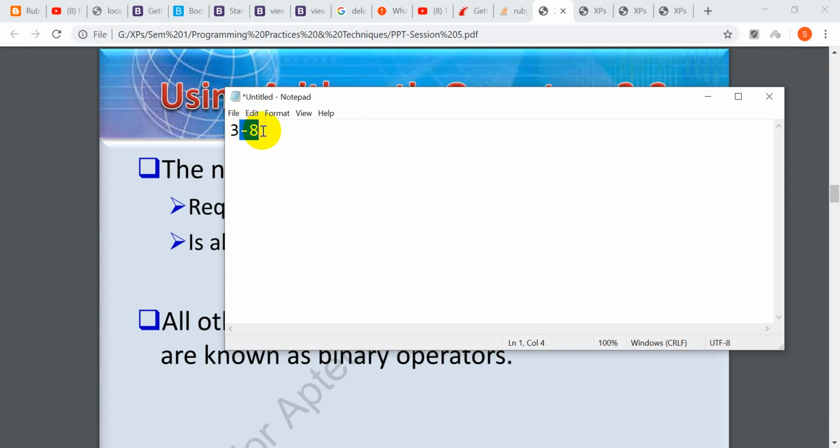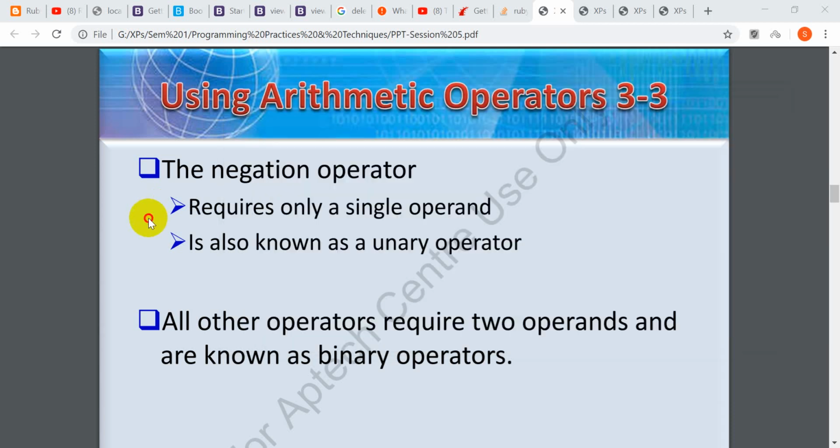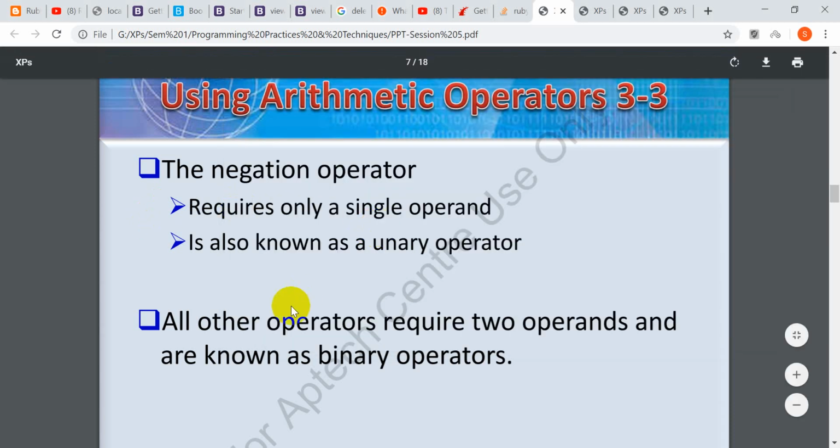Any number that has a sign with it is an operand. So they said it requires only a single operand. Minus requires only a single operand. You know why?